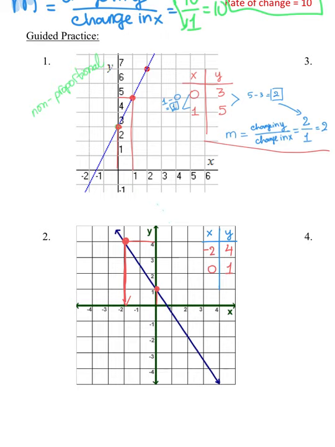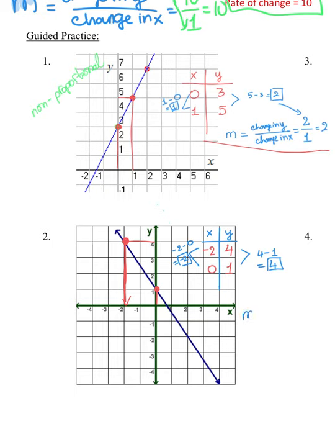Now I will find the change in Y over the change in X. So 4 and 1, I take 4 minus 1, I got 3. And if I do the top subtract to the bottom on this side for the X, I would do the top subtract to the bottom as well. So negative 2 minus 0 is negative 2. The change in X is negative 2.